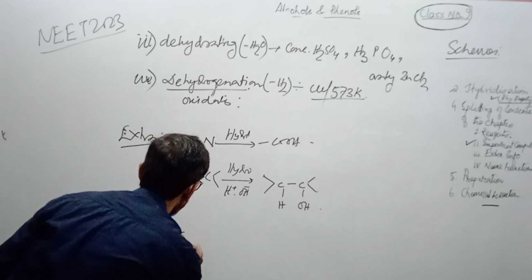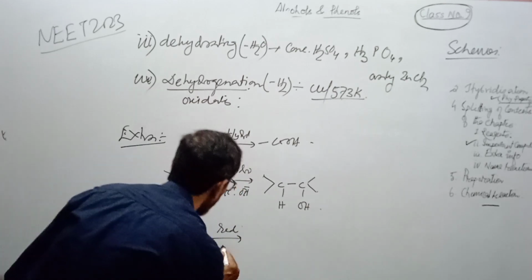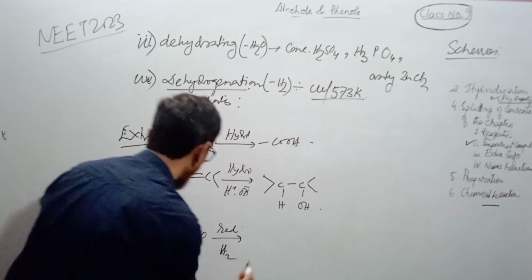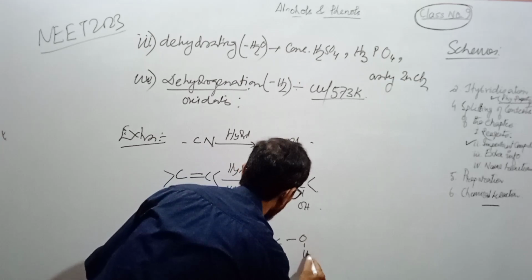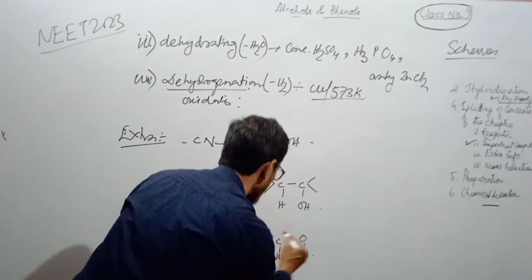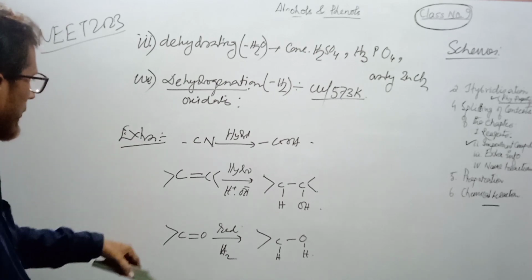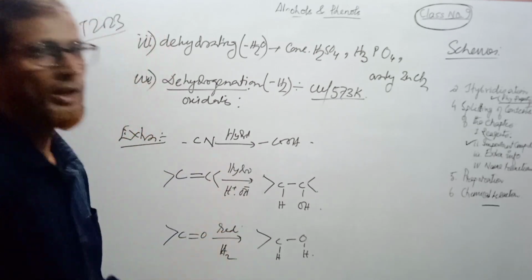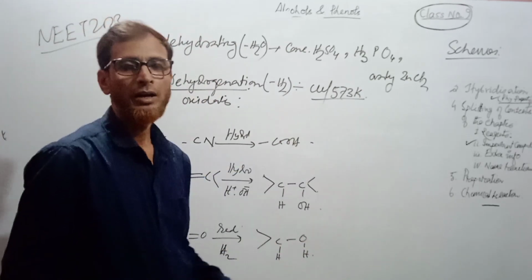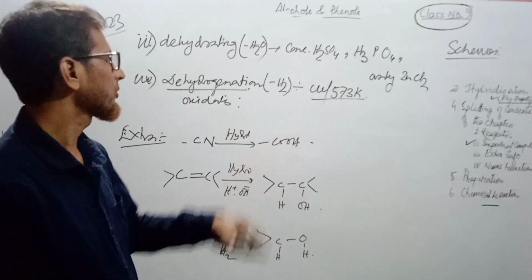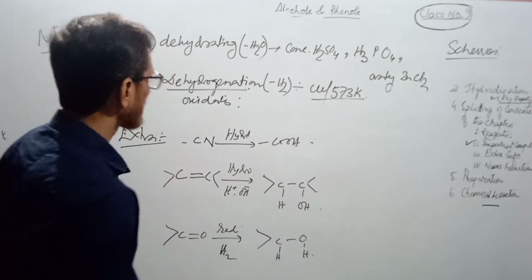And if you reduce, meaning addition of hydrogen, two hydrogens will add up, one here and the other here, giving CH2OH. These are some extra information that we will find while doing some conversions. I am explaining this beforehand because it will come in the solutions of many types of reactions in the chapter.